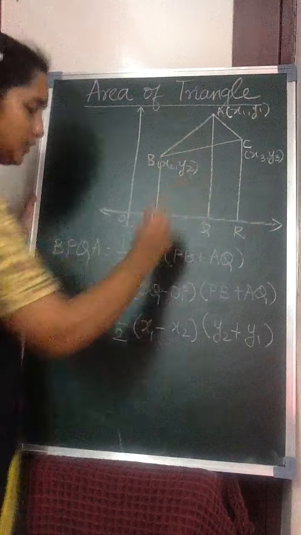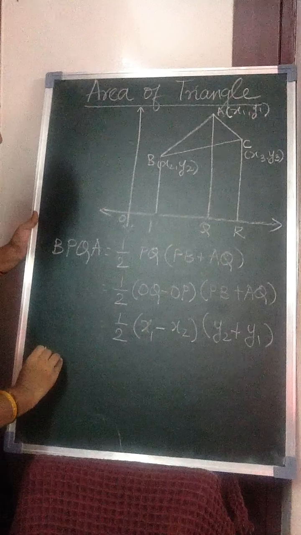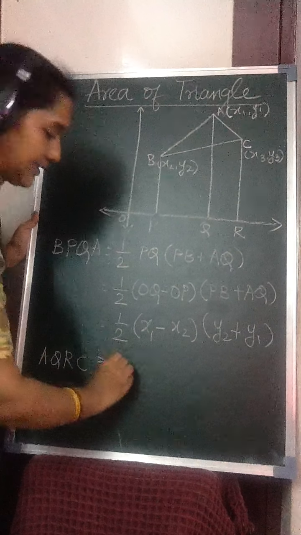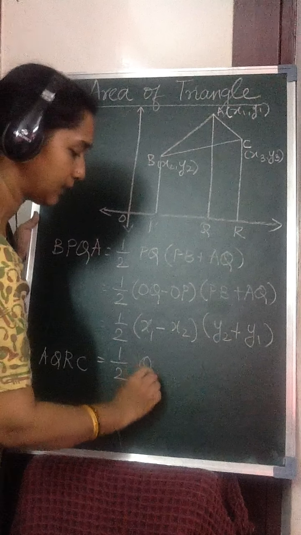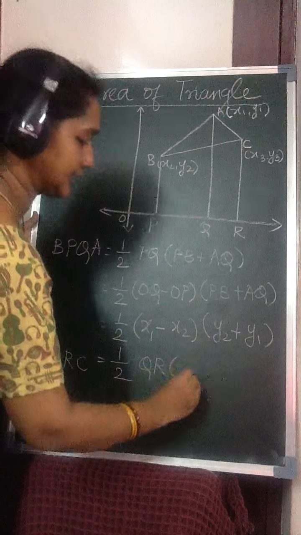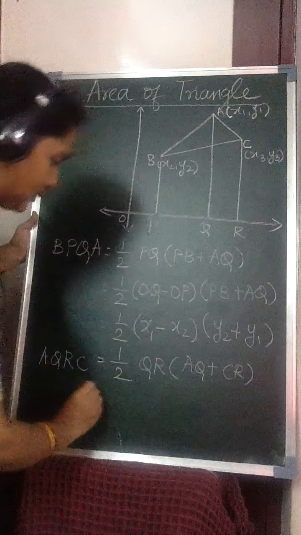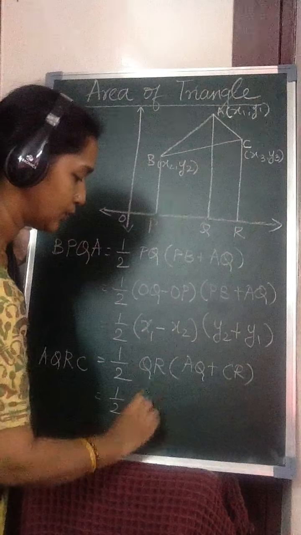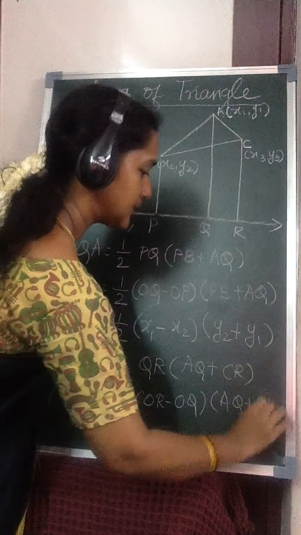So this is for one trapezium. Then the next trapezium is AQRC. For that also half into height, height is QR, and sum of the parallel sides is AQ plus CR. So half into QR as usual, OR minus OQ, into AQ plus CR.